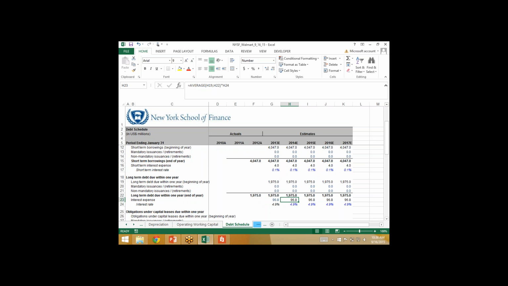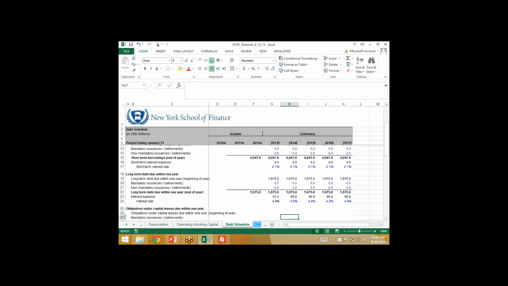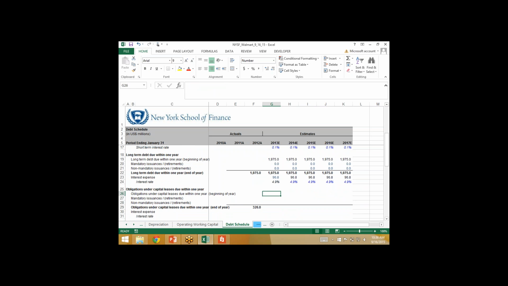You guys got that? Next, same idea. Cap releases beginning of the year equals year before. 0 for mandatory, non-mandatory. Add everything up. I'll copy this to the right.